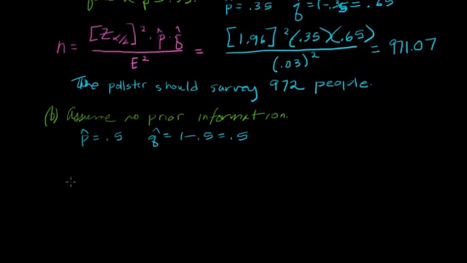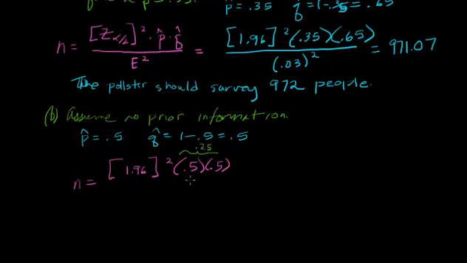Okay, so now our n is equal to 1.96, and I'm using the same formula. What's changing is my p hat and q hat, and sometimes you may see that this is already written in the formula as 0.25, because that's 0.5 times 0.5, so they just put 0.25 right here to begin with.